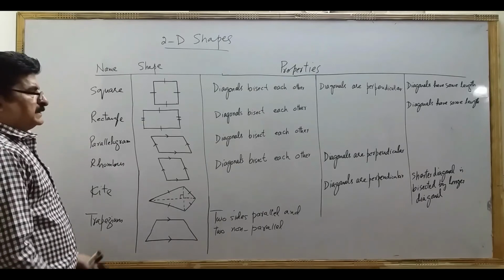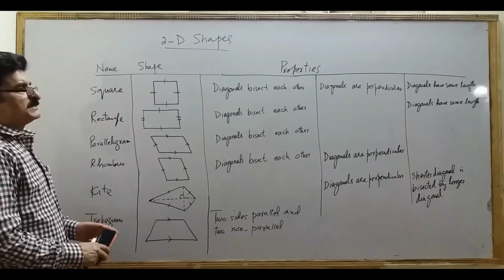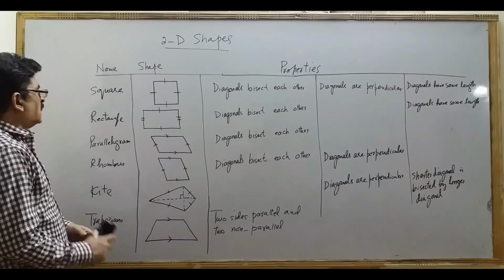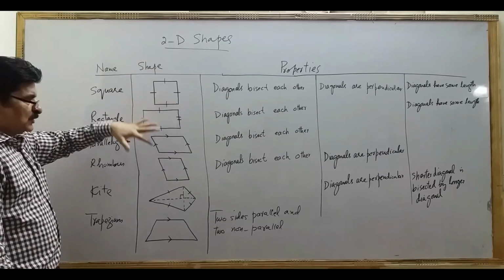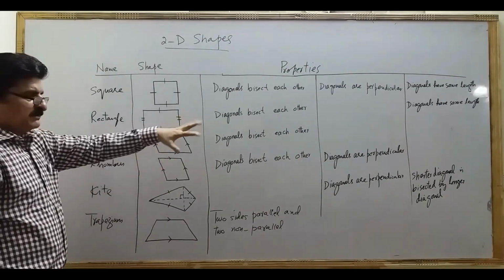Now in the end, we have very important 2D shapes and their properties which will be used in the questions. First of all, we have square. You know the basic definitions of these. I am not revising that. I will tell you the main properties.